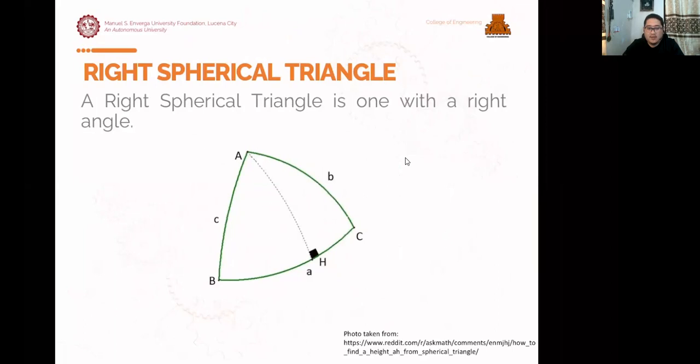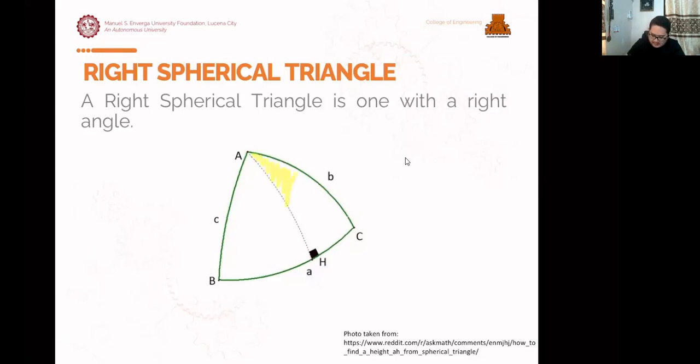So, when we halimbawa pass through a bisector dun sa spherical triangle natin and directly perpendicular dun sa isang side natin, magpo-form siya ng right triangle dito. So, yung right triangle na na-form dito is itong AHC natin, no? Okay? So, yan yung portion ng right triangle natin.